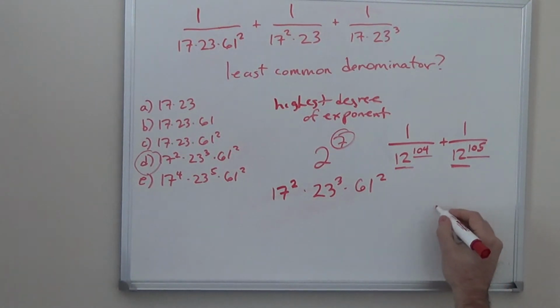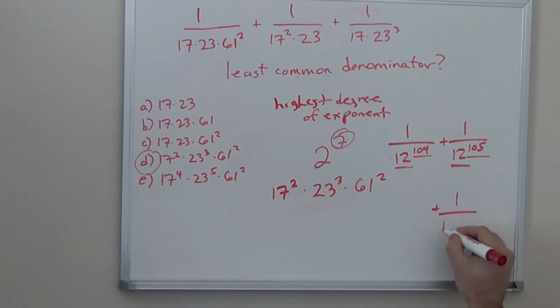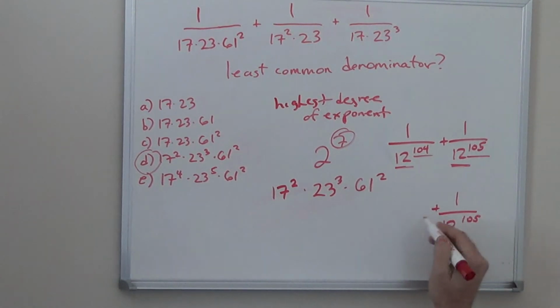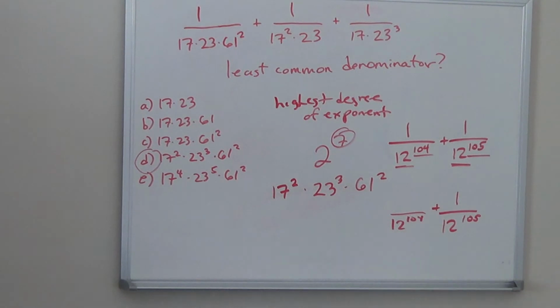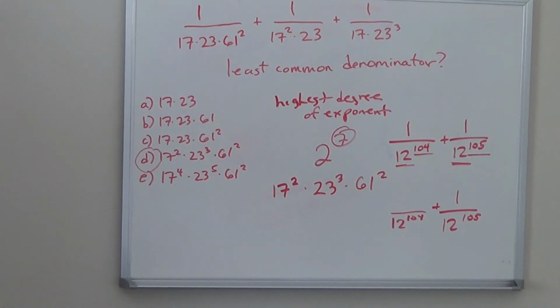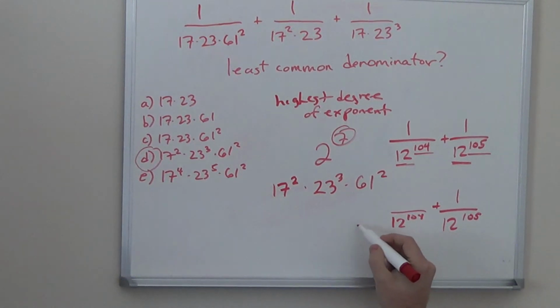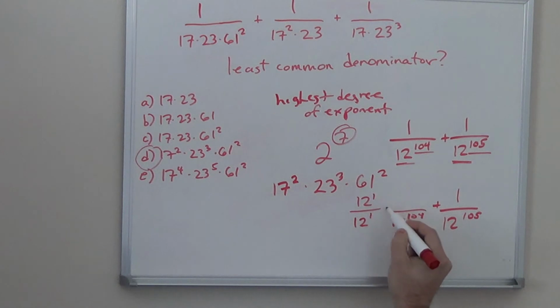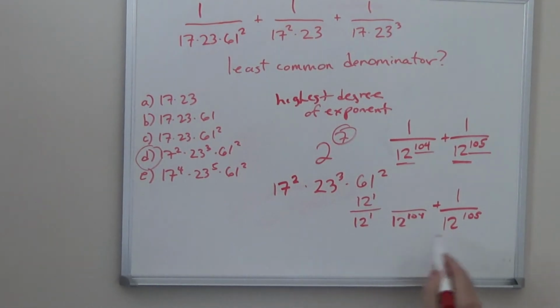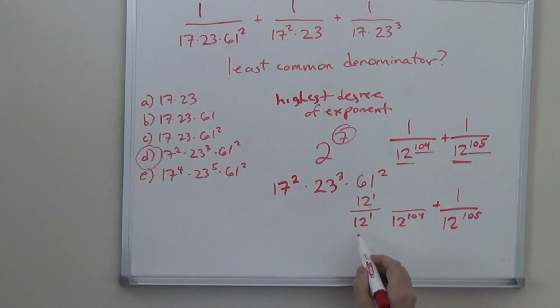So I'm just going to keep that one right there. And then I have to ask myself, well, what do I have to multiply 12 to the 104th power by to get to 12 to the 105 power? A lot of kids should know this. We keep the base, and that's going to give me 12 to the 105, because when I multiply with exponents, the base will always remain the same, and I just add the exponents.